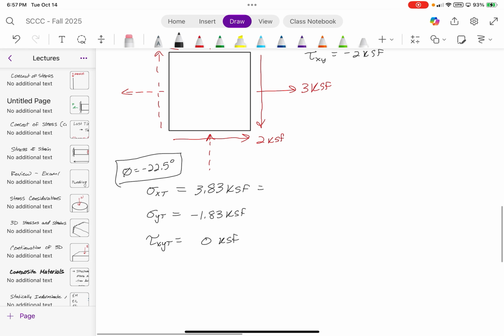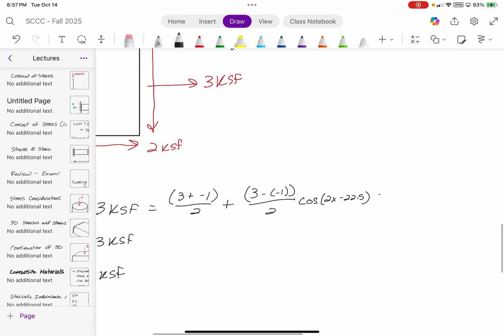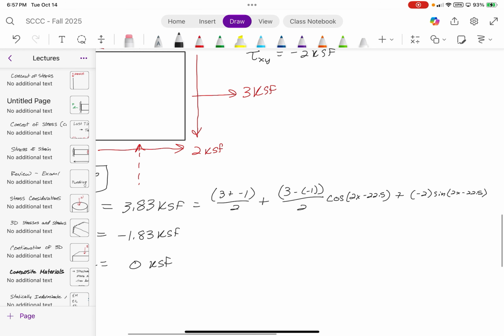All right. So for this, you should have gotten 3 plus negative 1 divided by 2, plus 3 minus negative 1 divided by 2 cosine of 2 times negative 22.5, plus negative 2 sine of 2 times negative 22.5. Did everyone get that? Or am I wrong anywhere? And you got these answers also on the left-hand side? All right.